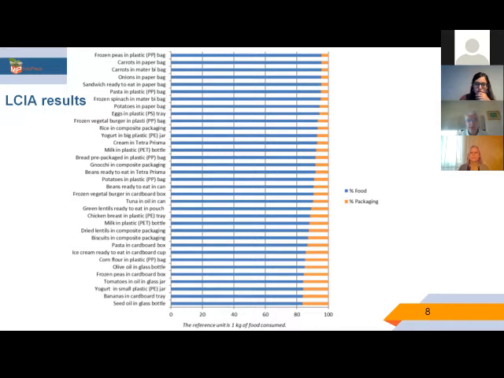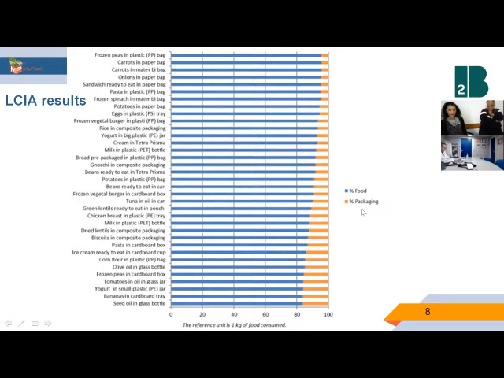Okay, here we can see some results, and here we use the ReCiPe method, because the ReCiPe method also allows the quantification of the environmental impact in one single score. So that helps visualizing the results in this figure, where we can see in blue the impact of the food part, and in orange the impact of the packaging part.